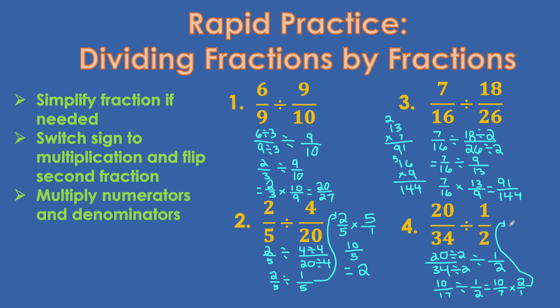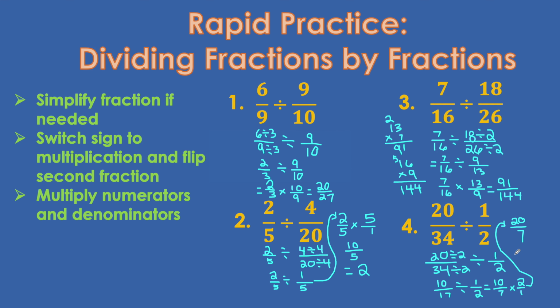Which would be equal to, well, 10 times 2 is 20. 17 times 1 is 17. We have an improper fraction, so we want to change it into a mixed number.